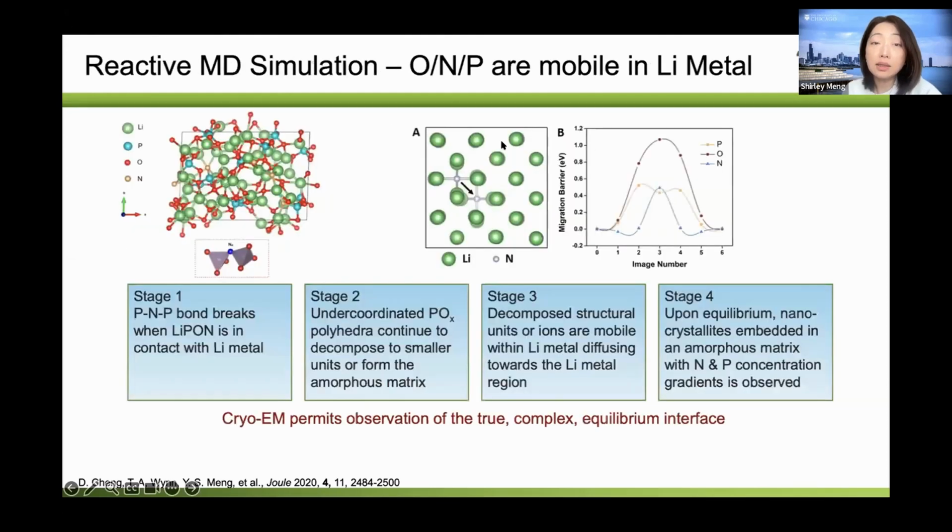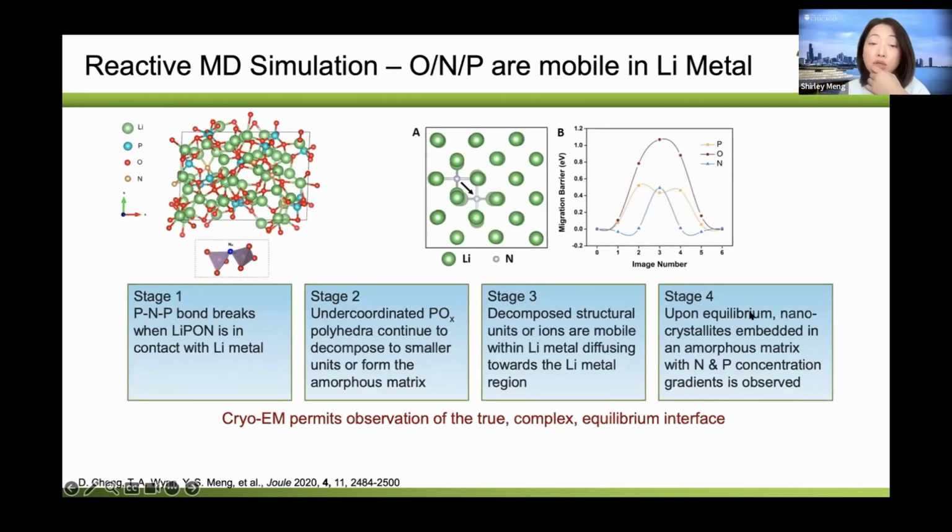So we also support our observations by conducting reactive molecular dynamics simulation, trying to look at the mobility, not just of the lithium ions, but the light ions like oxygen and nitrogen. And it really supported the experimental observation that oxygen and nitrogen will interdiffuse into the lithium metal.